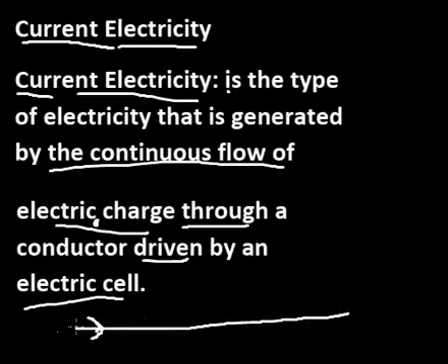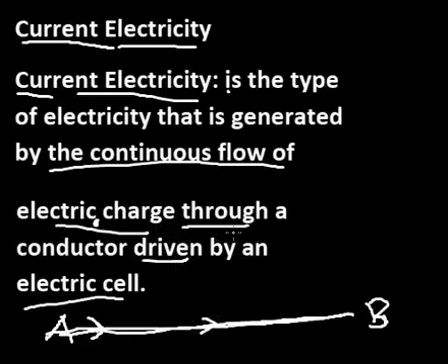Current flows by actually moving charge from one part, let's say this part of the conductor is A and the other part is B. The electron is generated from the cell and moved from one part of the conductor to the other. So that is current electricity, continuous flow of electronic charge. Please take note of that.